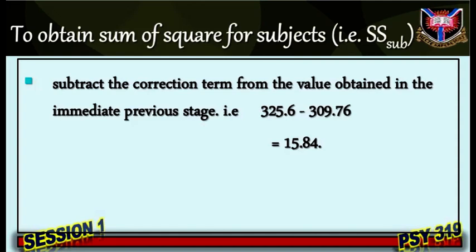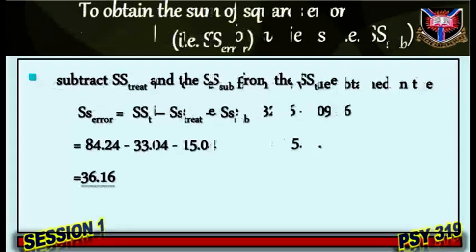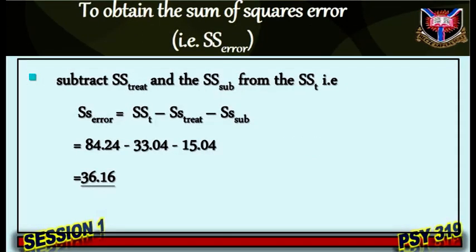This is 325.6 minus 309.76, which is equal to 15.84. To obtain the sum of squares error, SS error, subtract SS treat and SS subject from SST. That is, SS error is equal to SST minus SS treat minus SS subject, which is 84.24 minus 33.04 minus 15.04, equal to 36.16.